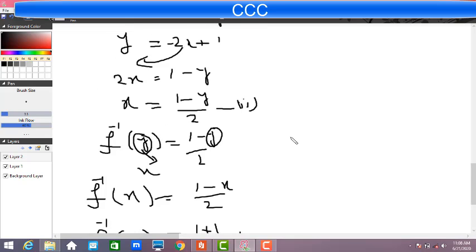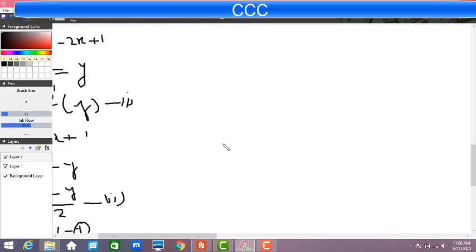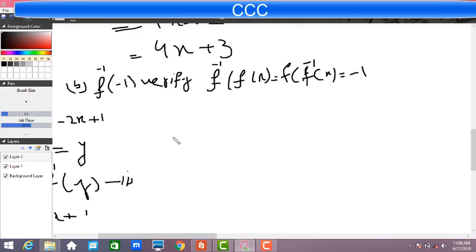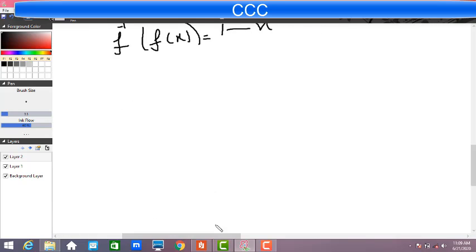Now we come towards the second point in which we have to prove the results of composite functions. So the basic function is f inverse of x, and we replace the value of f of x. As we know that f inverse of x is equal to 1 minus x divided by 2.